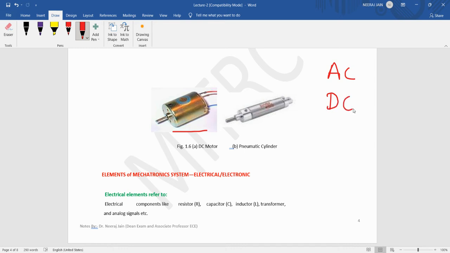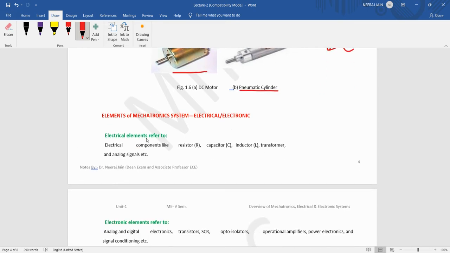For a bulky load, generally we use the DC motor, but if the load is lighter, then AC motors are used. Pneumatic cylinders are also used for applying force. So these are all the mechanical, electromechanical elements which are widely used in industry.